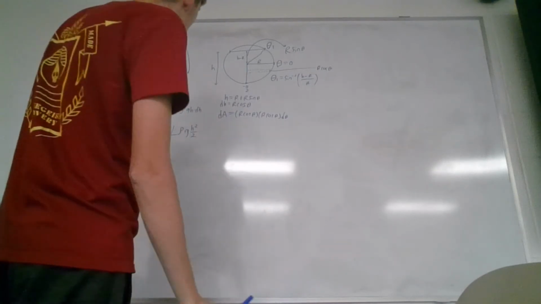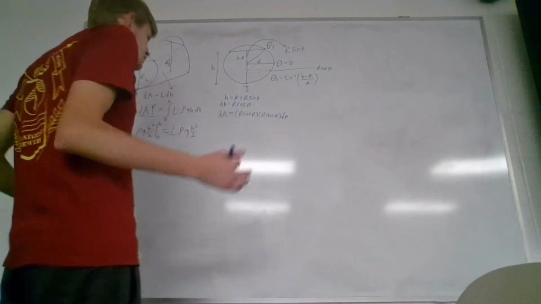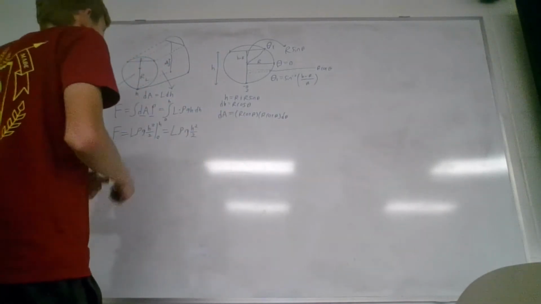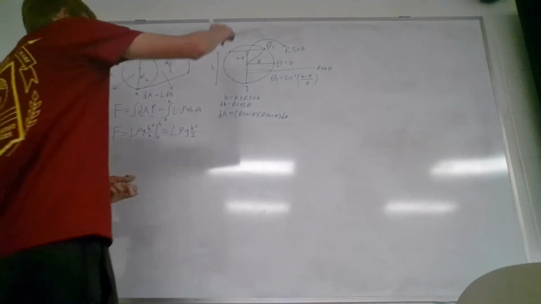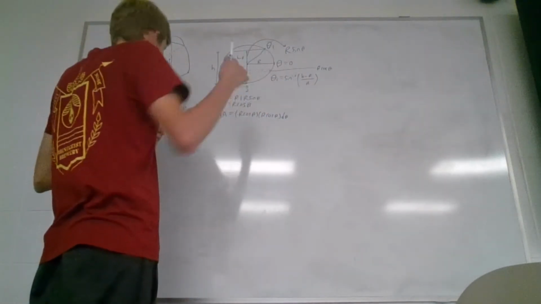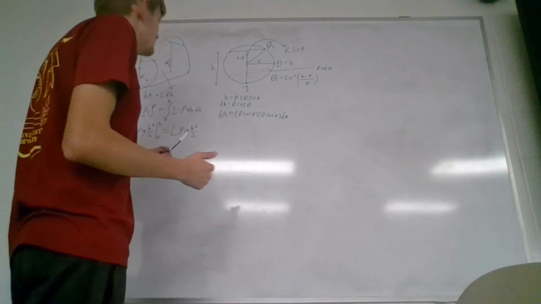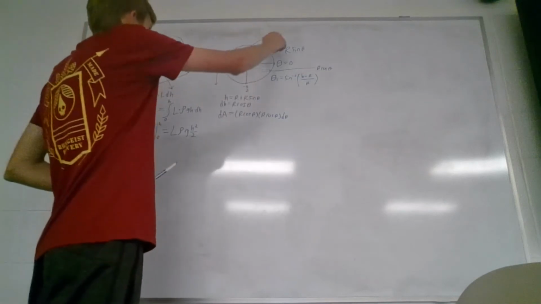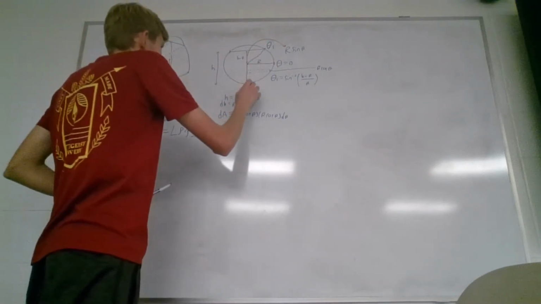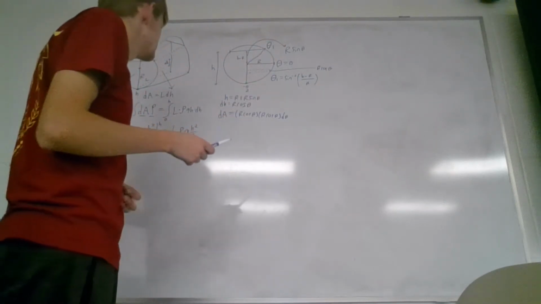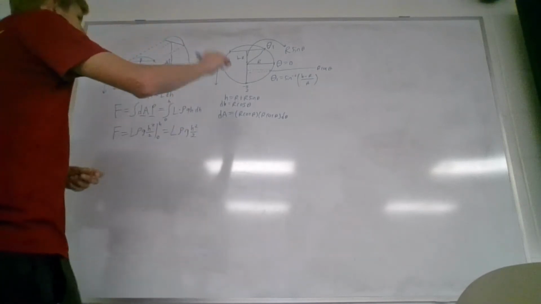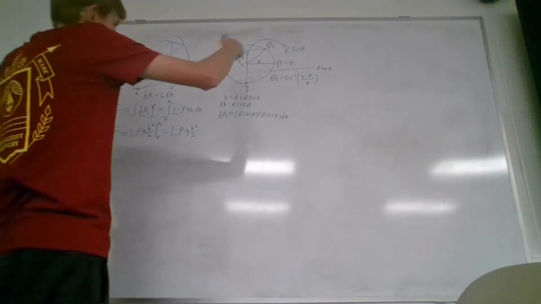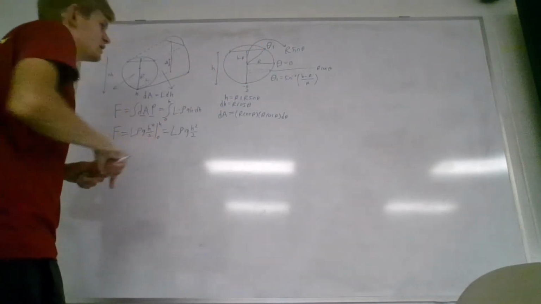So what we're going to do now is take all of our terms that we've found and put them in an integral and multiply it out, going from our theta 1 value down to our negative pi over 2 value, and that's going to get the force acting on that half of the circle.